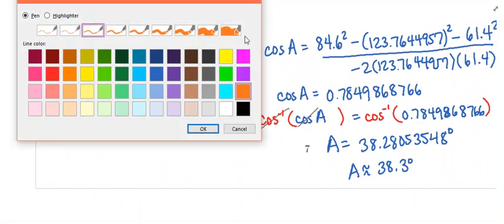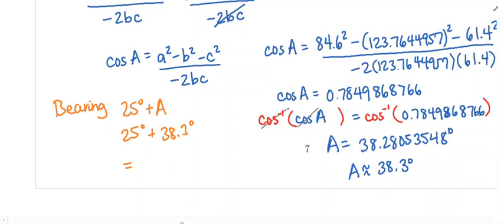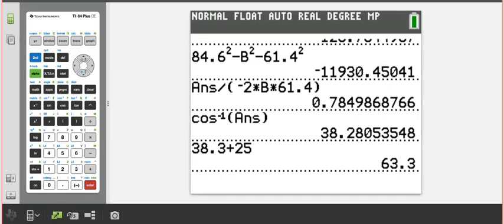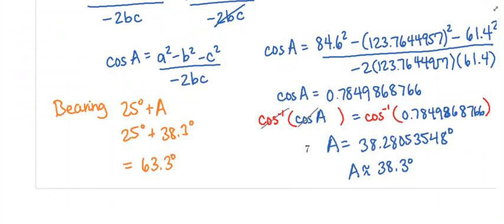The bearing is going to be 25 degrees plus angle A. So this is going to be 25 degrees plus 38.3, and this is going to give us a bearing of 63.3 degrees. Here is the answer.